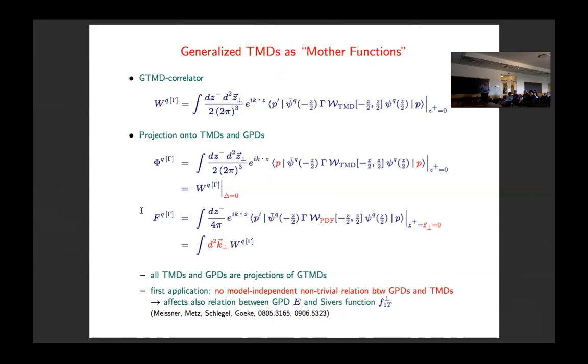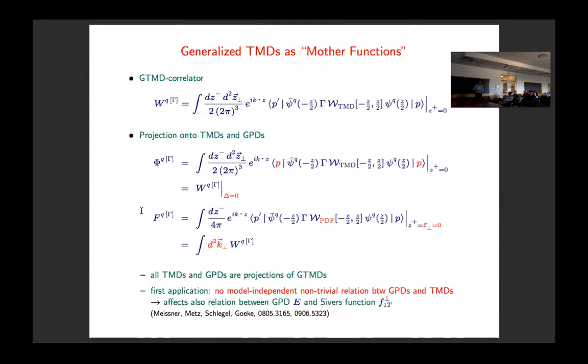The only K-perp dependence sitting in this expression is in the exponential. I carry this out, I get a delta function in C-perp, then I can integrate over C-perp, and this forces the two quark fields on the line. That's it. So all TMDs and GPDs are quote-unquote merely projections of these GTMDs.